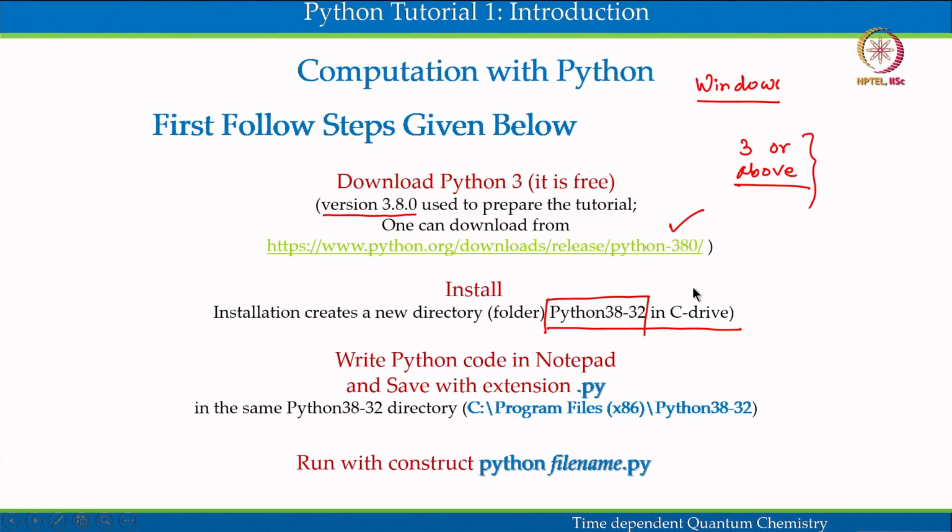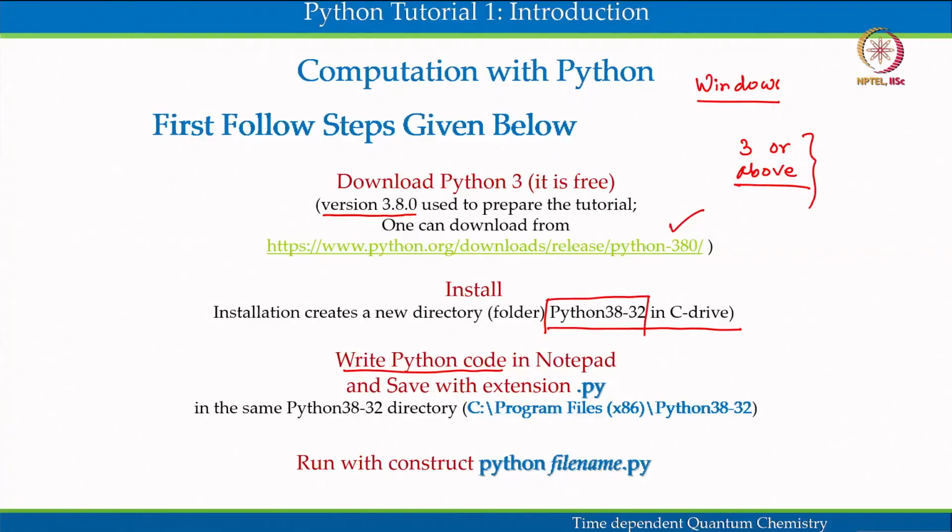one can write Python code in different ways. There are multiple ways one can use right now. But we will use a very conventional and very old-fashioned way. We will use Notepad to write down the Python code, and we'll save the file with the .py extension.